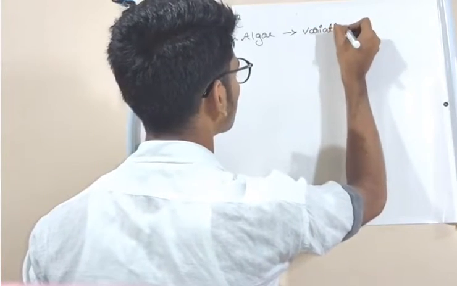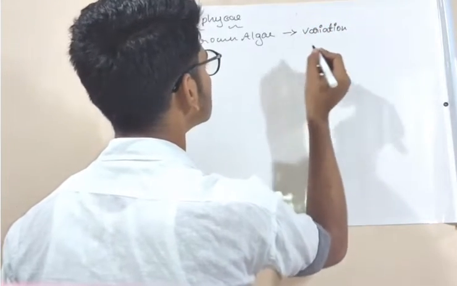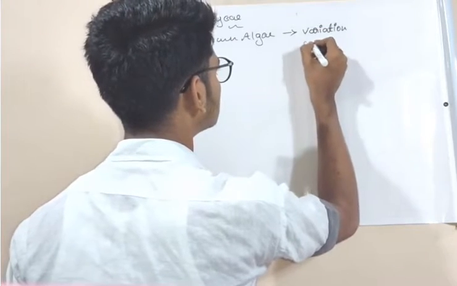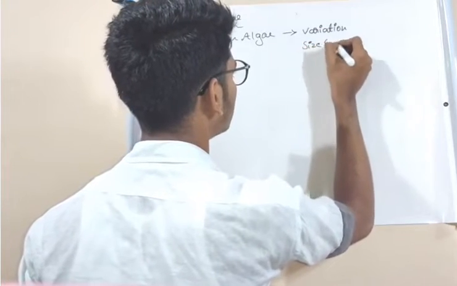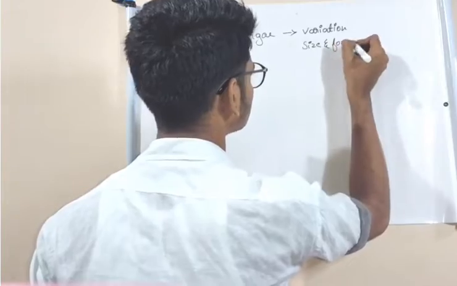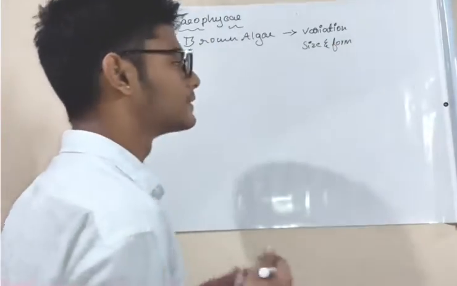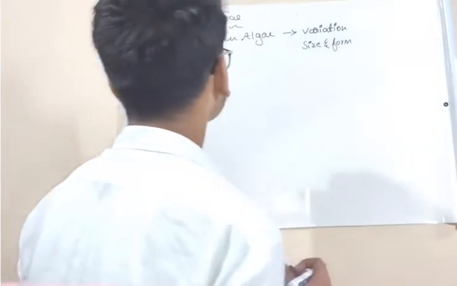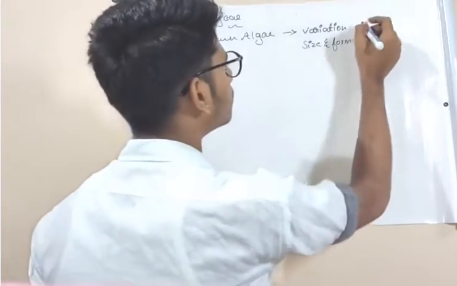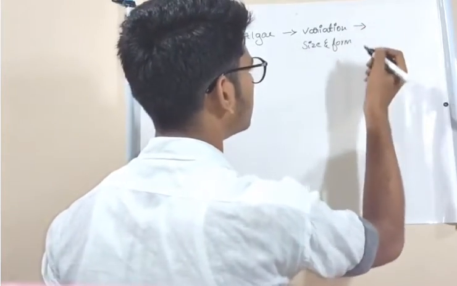Phaeophyceae shows variation in size and in body form. So what is the variation?